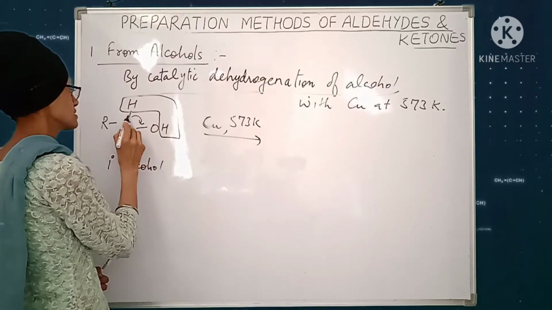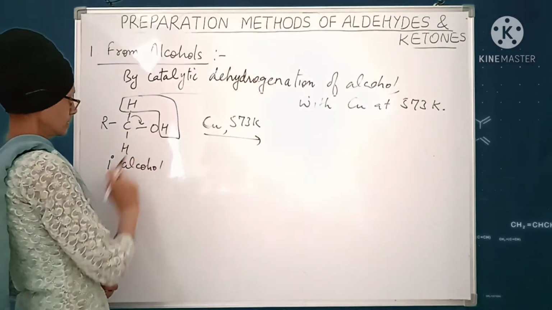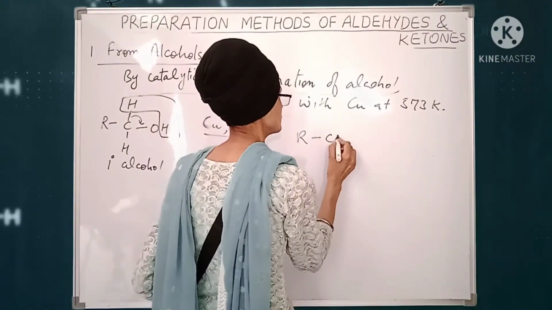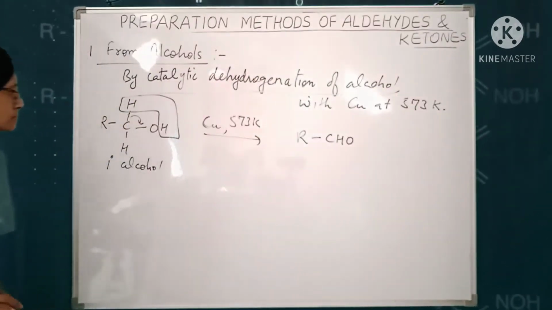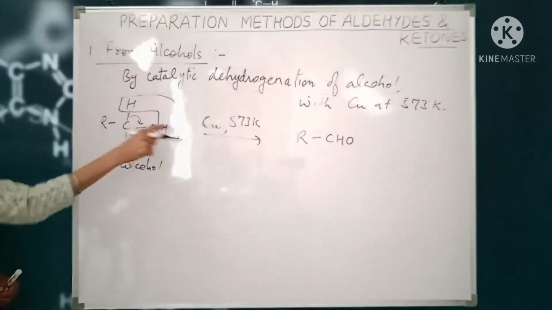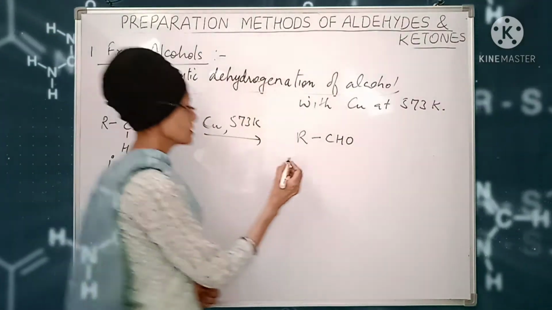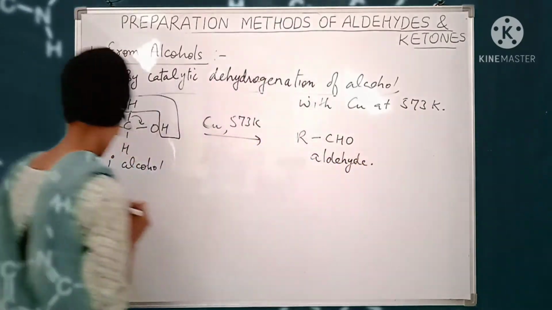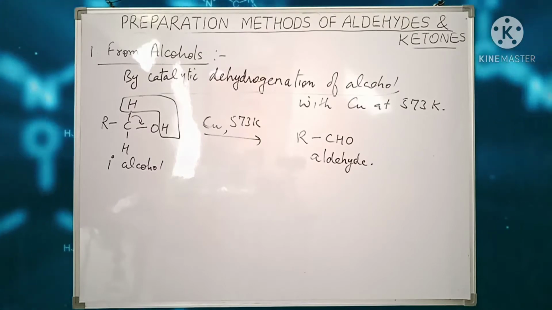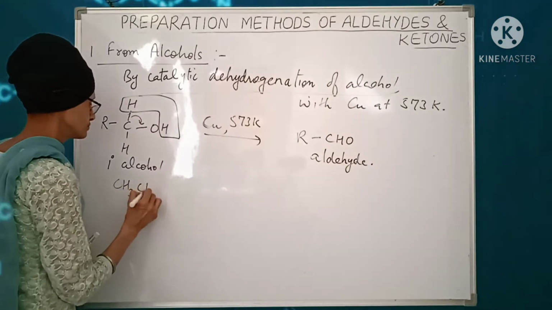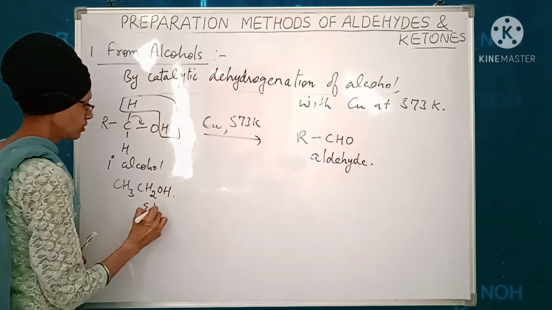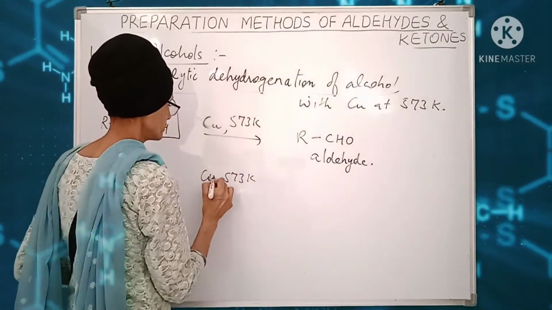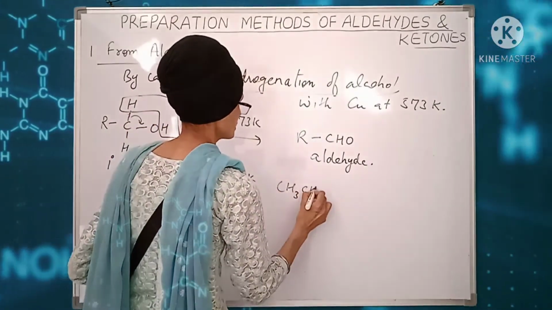What is left behind is C double bond O here, CHO, so it changes into aldehyde. So 1-degree alcohols change into aldehydes. You can take the example of ethanol, a 1-degree alcohol. On treatment with copper at 573 Kelvin, we get ethanal.